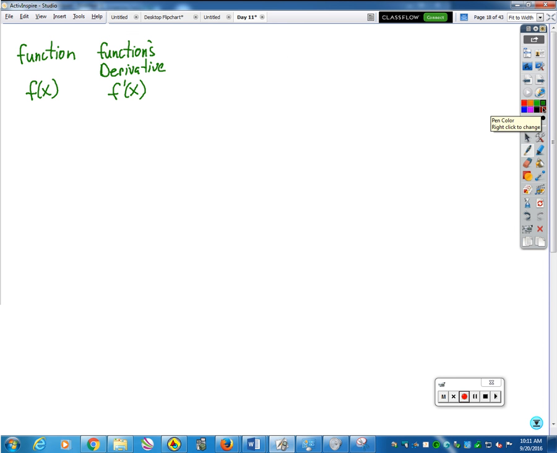We could say we have a function called f prime of x. F prime of x is a function as well. So if this function called f of x has a derivative called f prime of x, if we say we have a function called f prime of x, that means there is a derivative of that function.